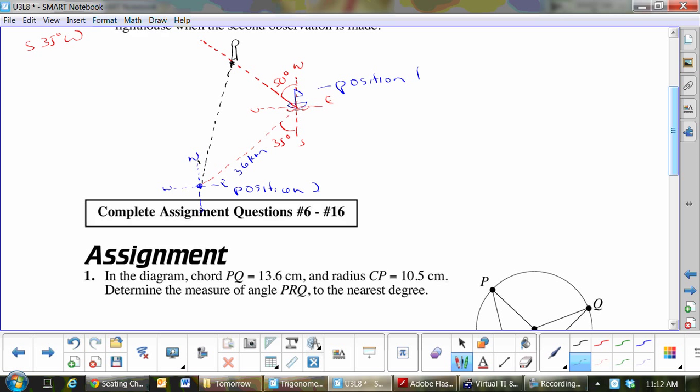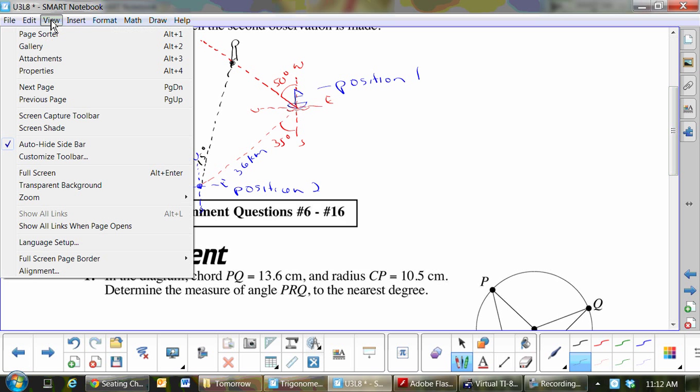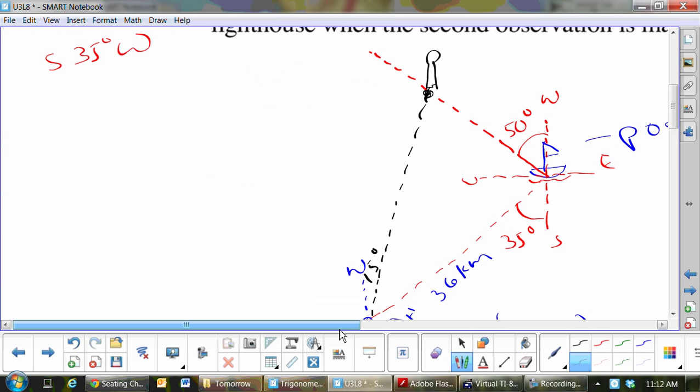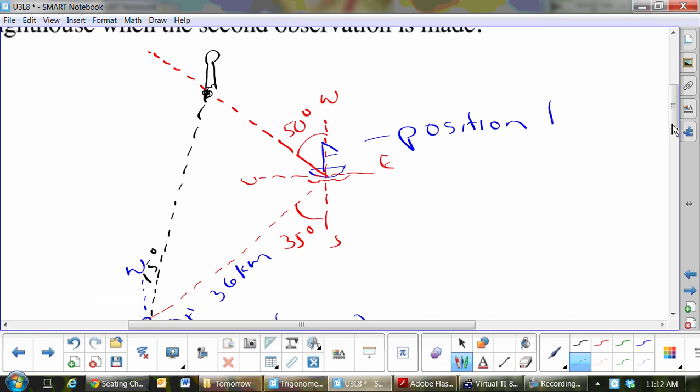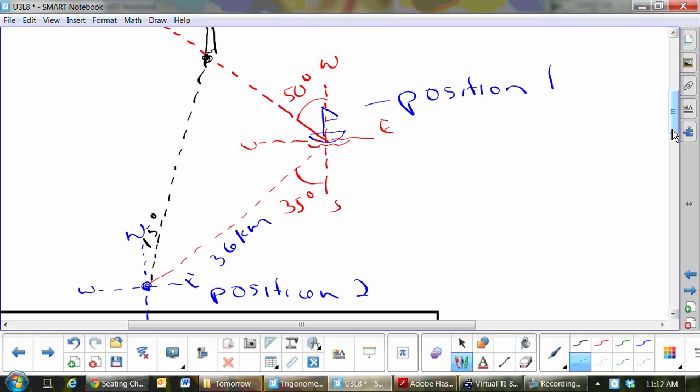And this right here, we've got to write this in. This is 15 degrees there. That's my drawing.